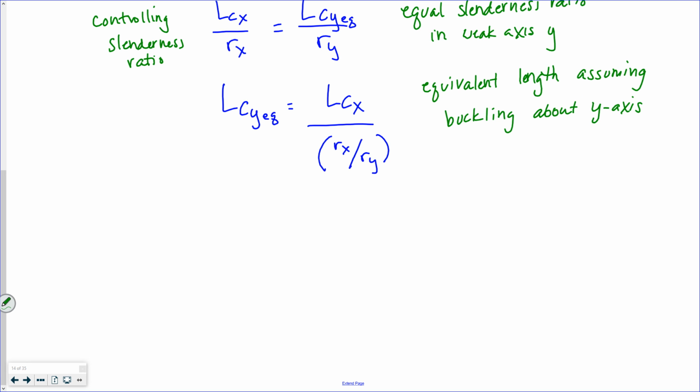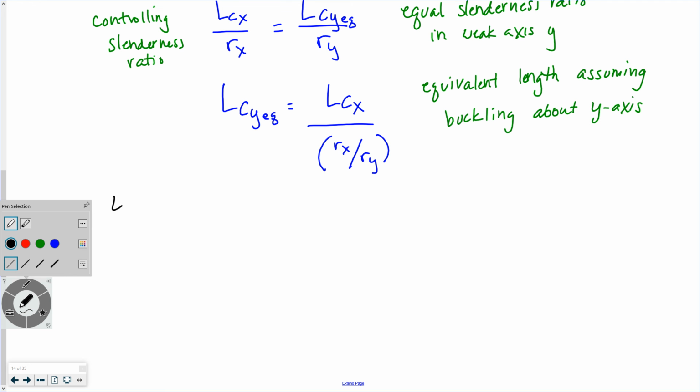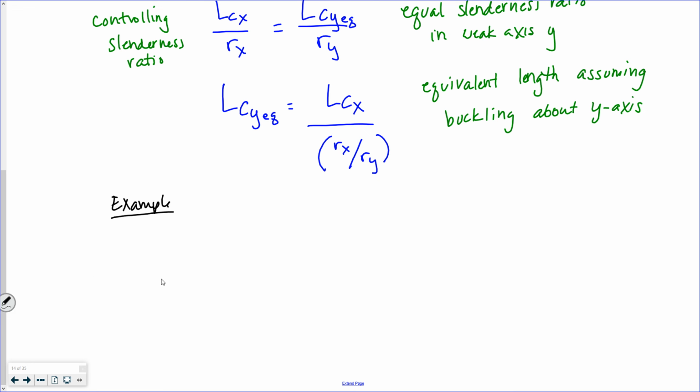Let's write a little example. Let's say my KLX or LCX, whatever it is, over RX is 100. And my LCY over RY is 50.